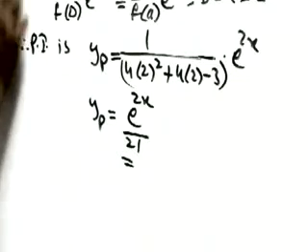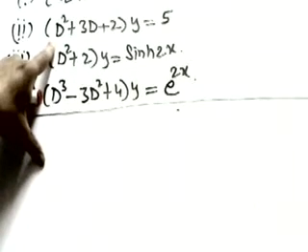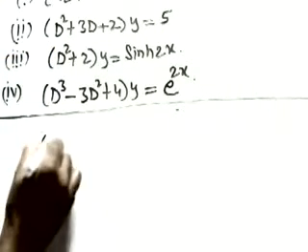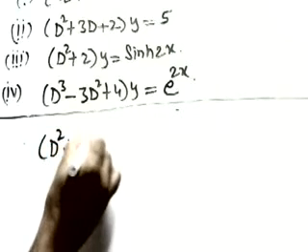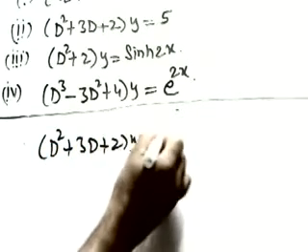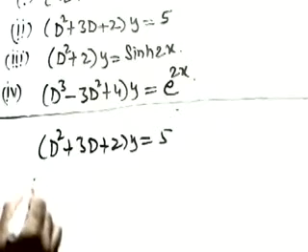Let me do the next question. What is the next question? See here. The second question is (D² + 3D + 2)y = 5.